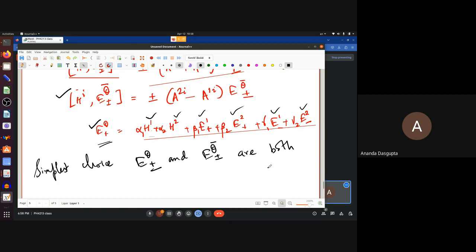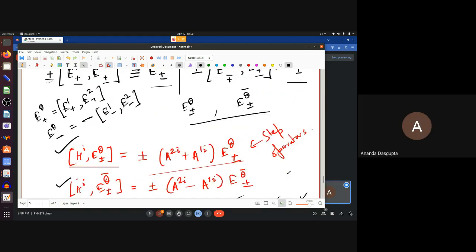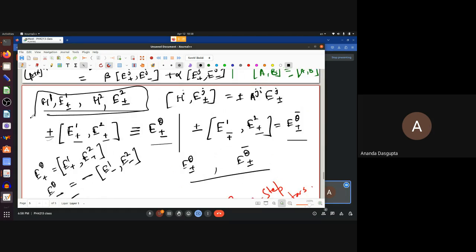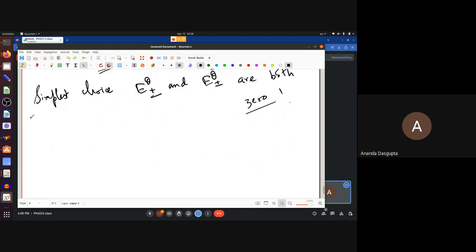Both are 0. We would love that because then it would tell us that our algebra is already closed. With these 6 generators, I have got the entire extended thing.